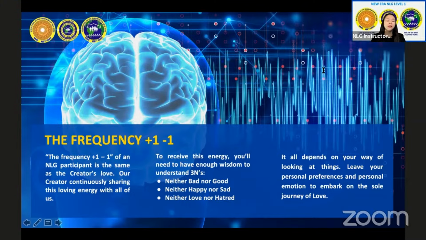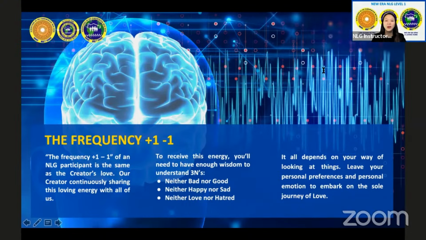Okay, so think about this +1 -1 frequency as the favorite frequency for the cells in your body. They need it. They know that there's this energy, but it's sort of like you've starved them for a very long time because you don't really know about this energy. You don't really know how it works.